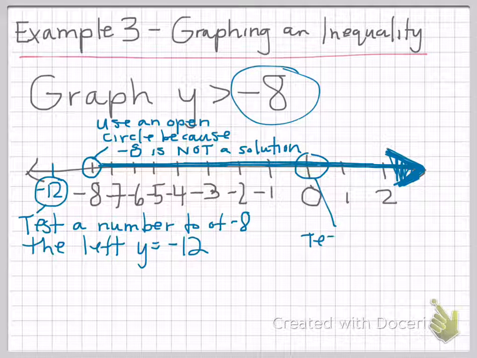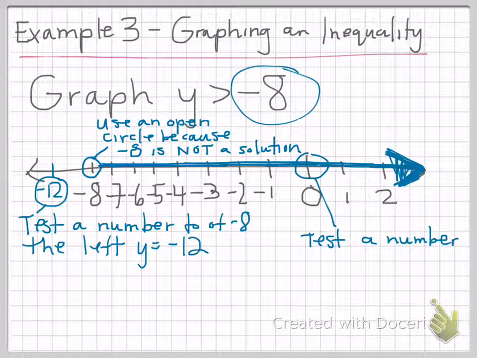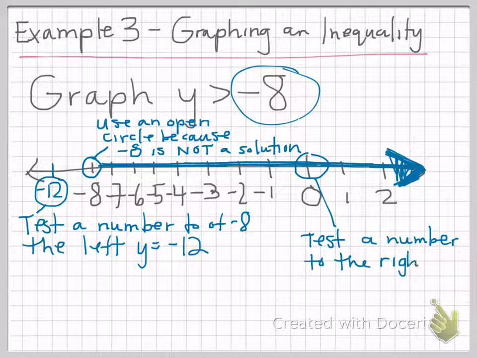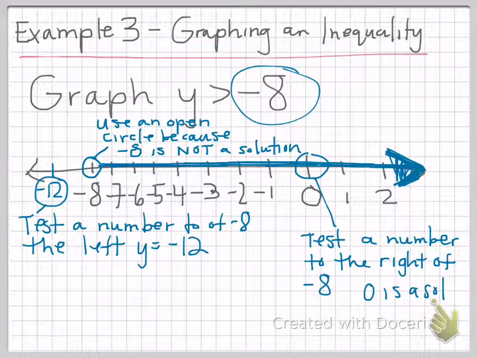And please write this note: test a number to the right of -8. And then you would see that 0 is a solution. Okay, so then that is that.